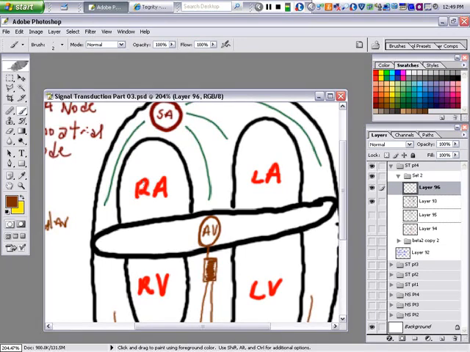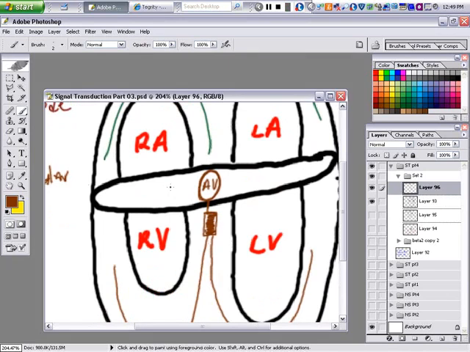Okay, but now something special happens here. When the AV node gets the signal from the SA node, it doesn't send its signal out right away. Let's imagine that my right hand is the two atria, and my left hand is the two ventricles.